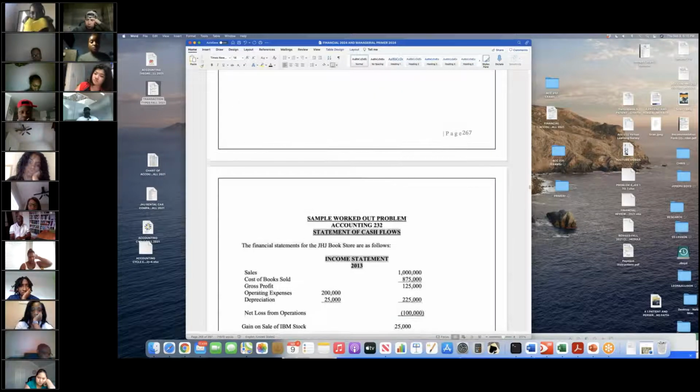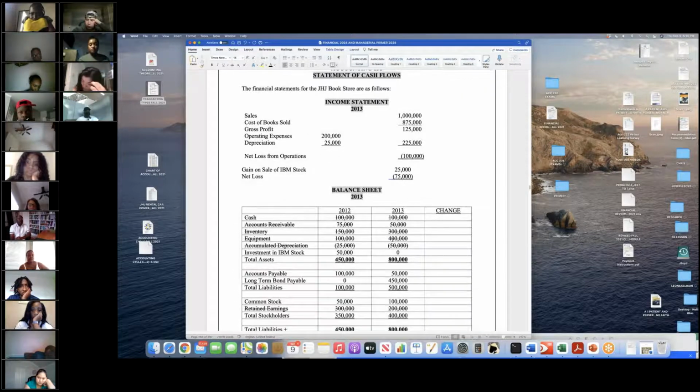Okay, so we only have one other asset to look at, right? And what asset was that? Stock one. Investment. And where's the change going to go?